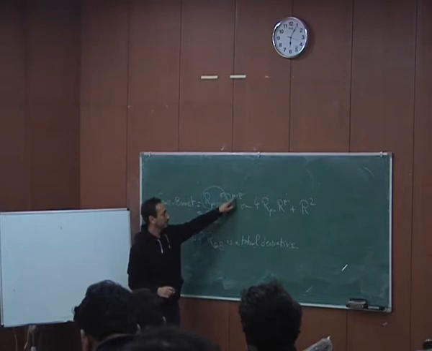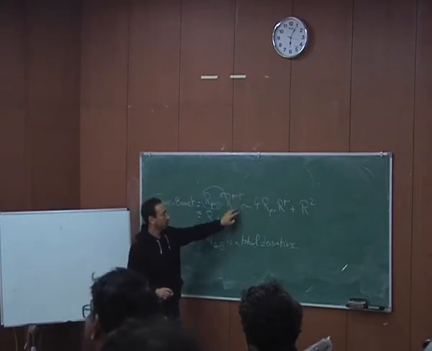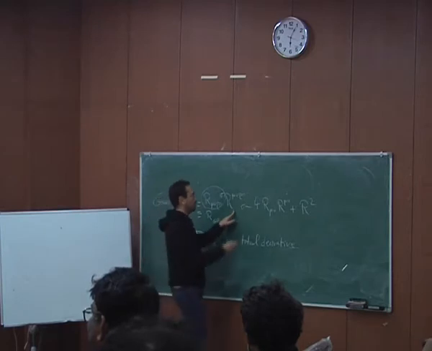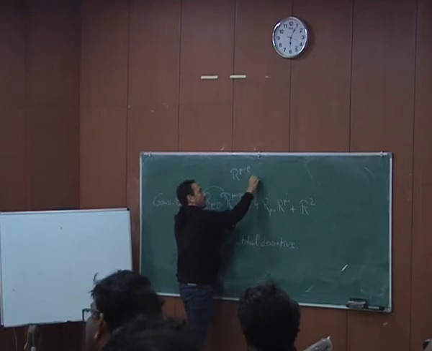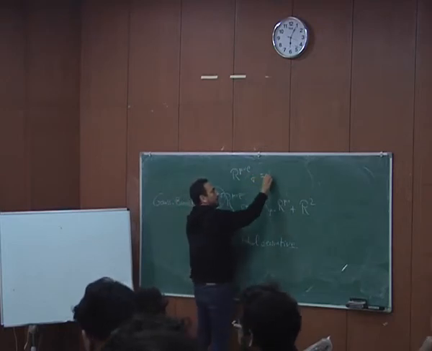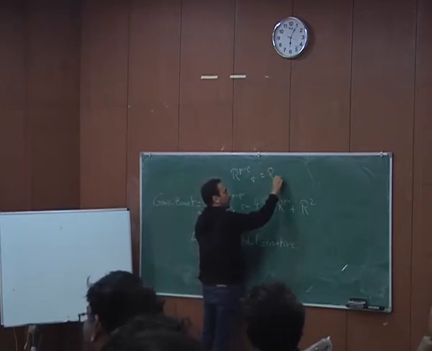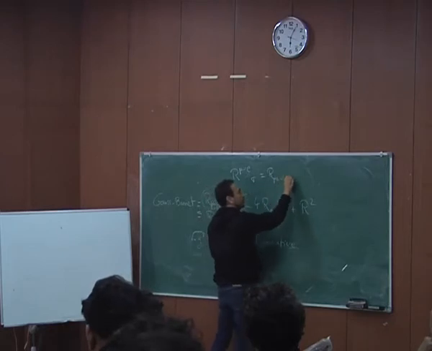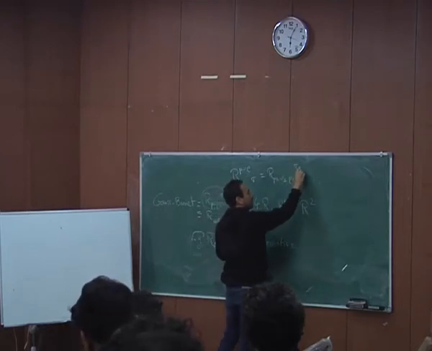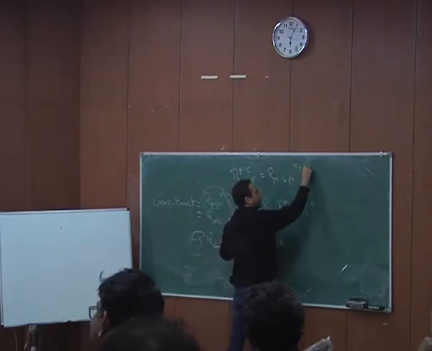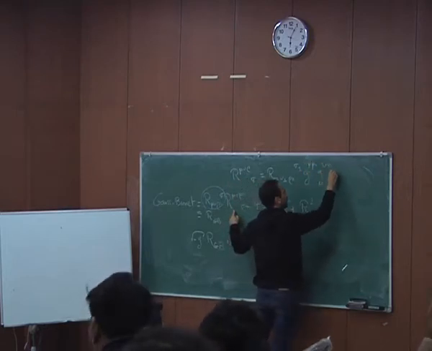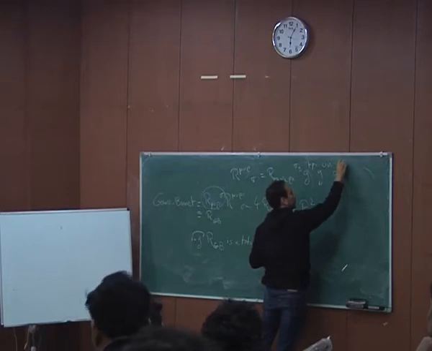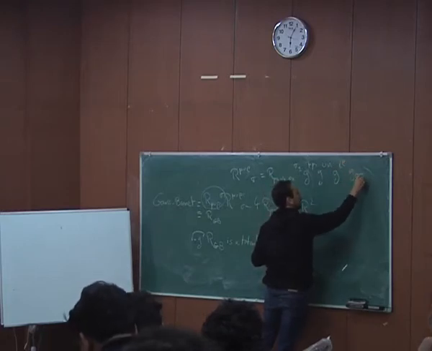These three indices I have to lower, and this one I have to put up. So I have to write it as R mu1 rho1 sigma1, g up mu1, g nu1, g rho1, g sigma1.